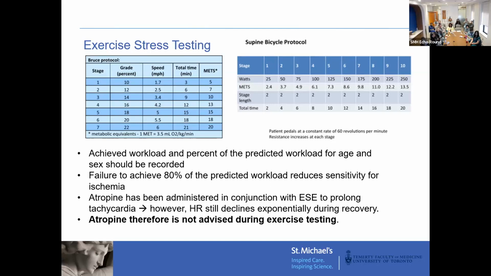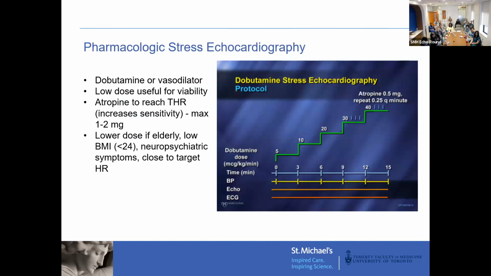So people thought, okay, well, maybe we can give them atropine when they're at their peak. By the time they transfer, they'll maintain their heart rate and we can get the pictures. Unfortunately, even despite giving them atropine, their heart rate still declines very rapidly, and all they end up with is side effects. So the ASE specifically just says, atropine is not recommended for exercise testing. You can still use it for dobutamine in certain cases, but for exercise testing, they don't recommend it.